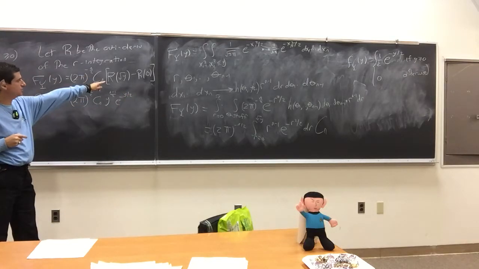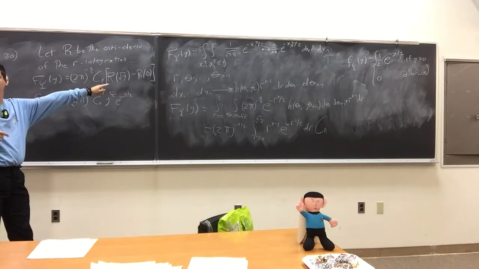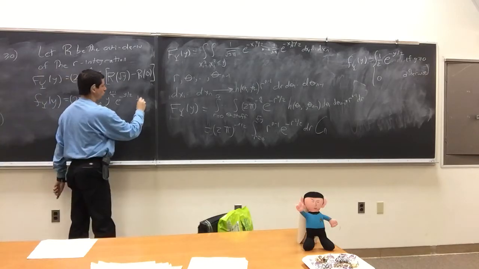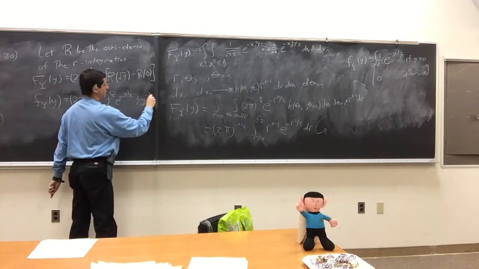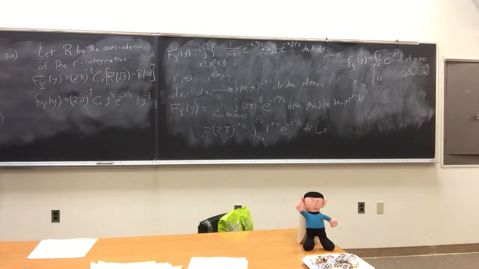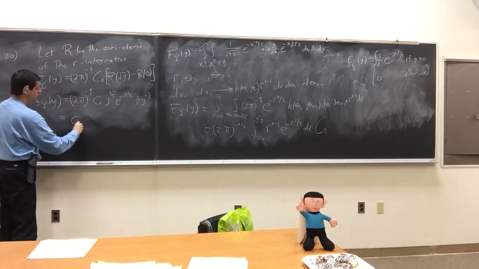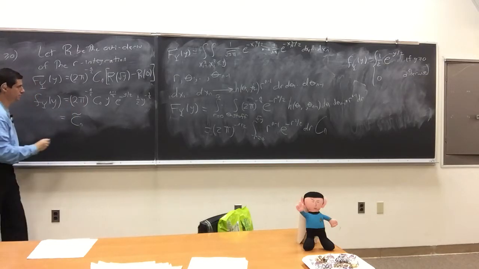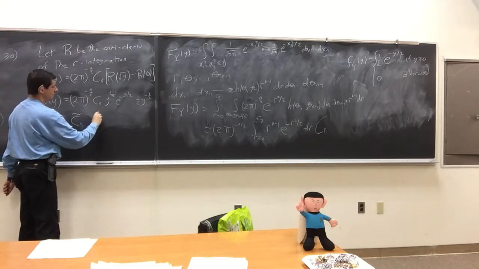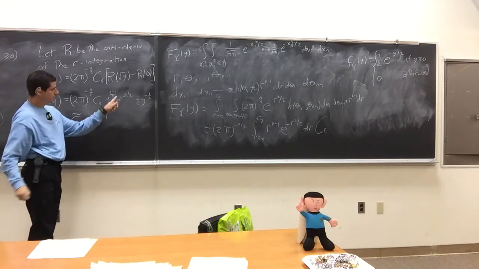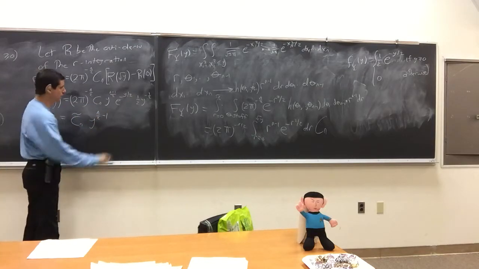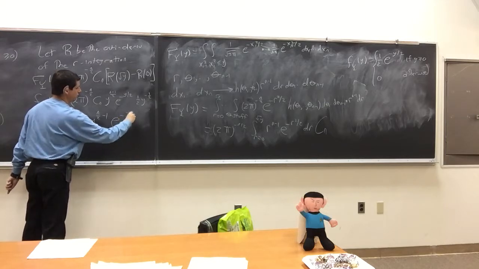And now I have to take the derivative of y to the 1/2, which will then just be 1/2 y to the minus 1/2. So collecting everything, I have some constant, I'll call it Cn tilde, y to the n over 2 minus 1, minus a half is minus 1, e to the negative y over 2.